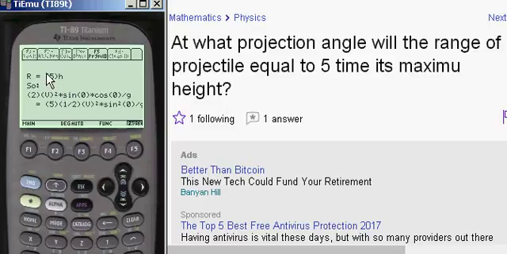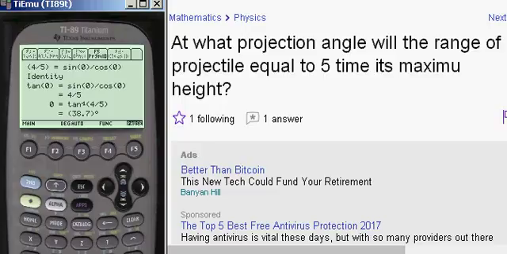The range is equal to 5 times the height, so we put in the range formula, and that's going to equal 5 times the height formula. We simplify: 2 times sine theta times cosine theta equals 5/2 sine squared of theta. We keep writing exactly what you see on the screen in your paper, and we come up with the answer of 38.7 degrees.